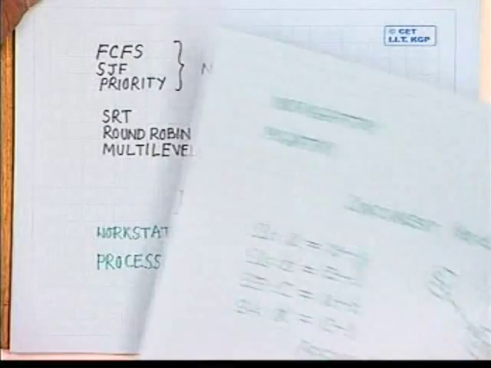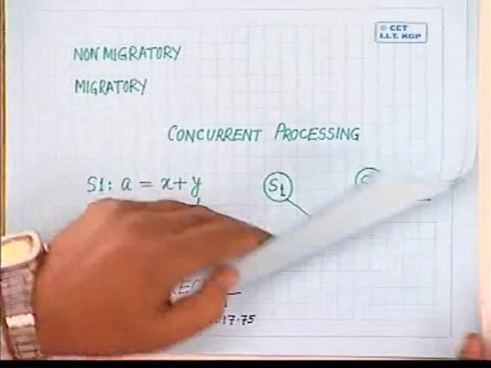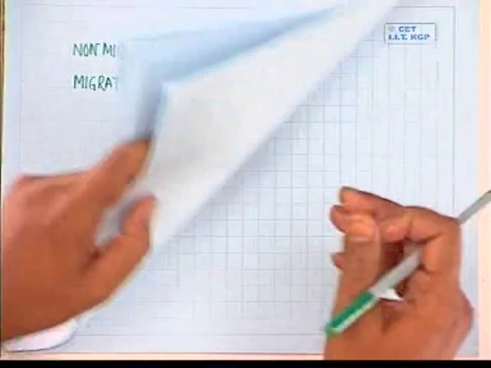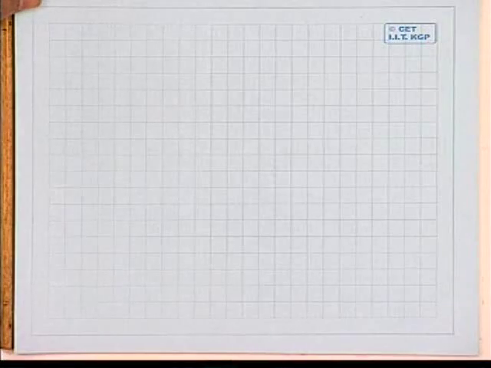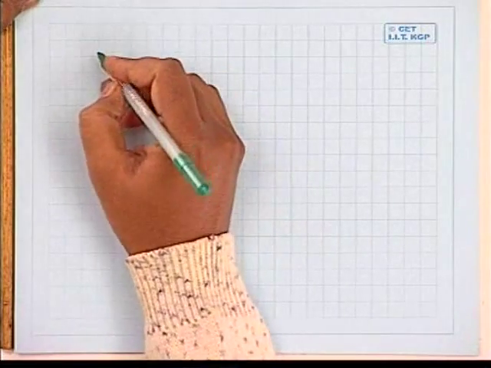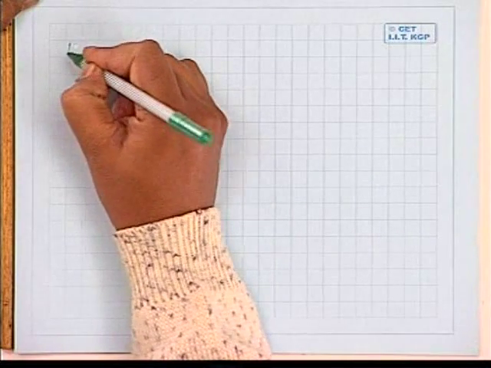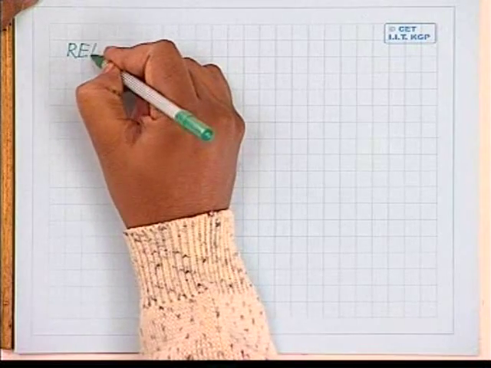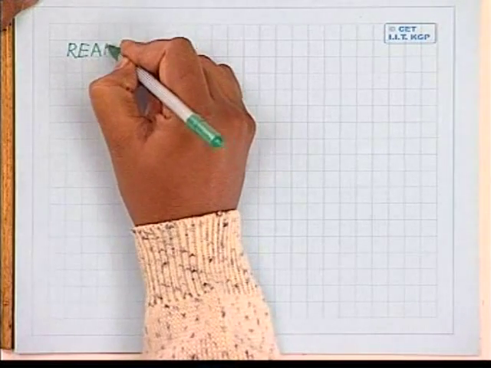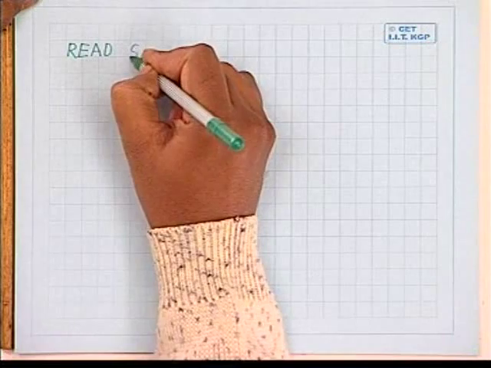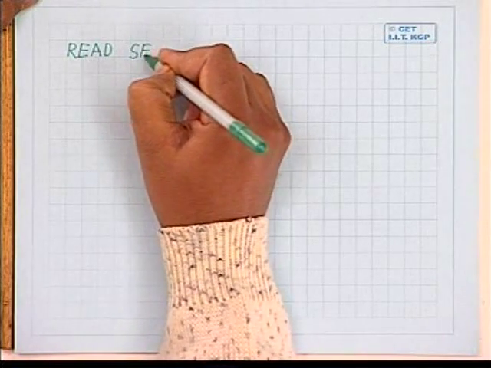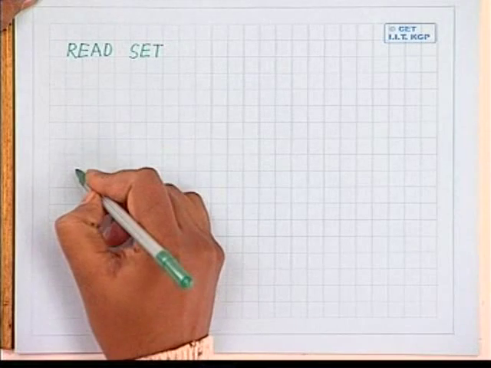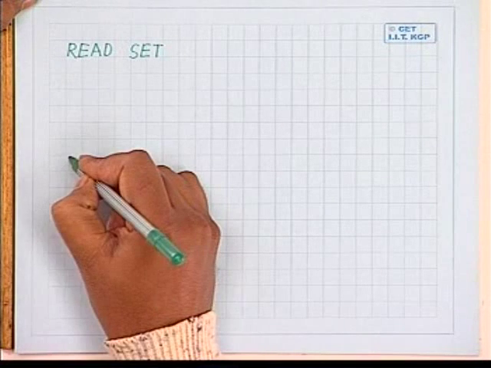Okay. So we define two types of sets. One of the sets we will call as read set, and other set we will call as write set.